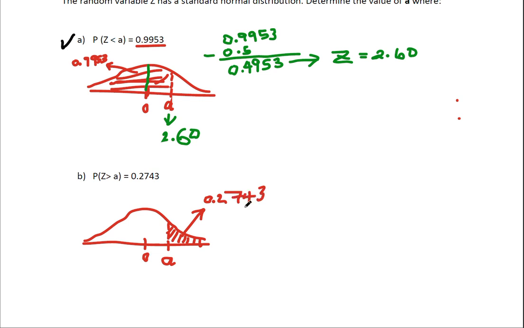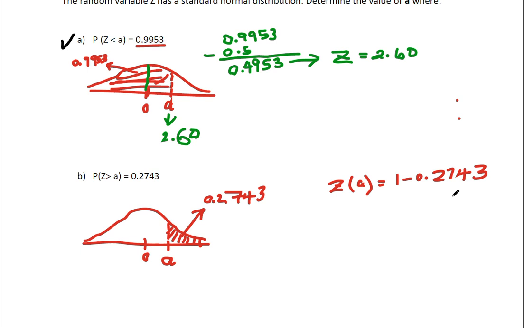So when we think about this now, what we really need to find is a Z value that will produce a probability of 1 minus 0.2743, because the total probability is 1. So that's the probability that we really need to find here.